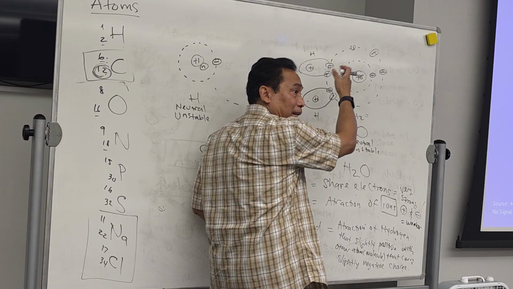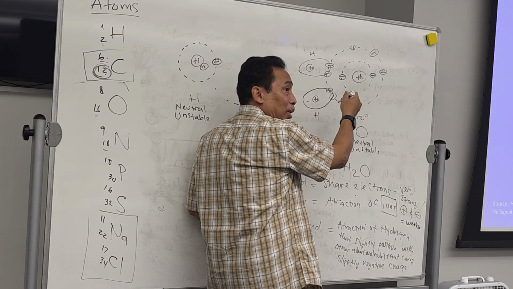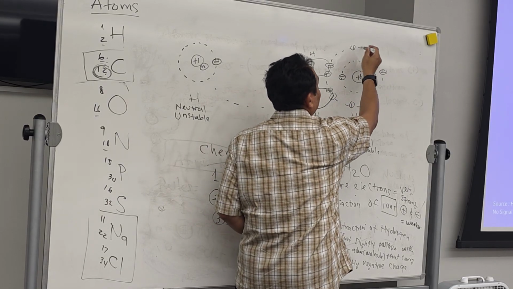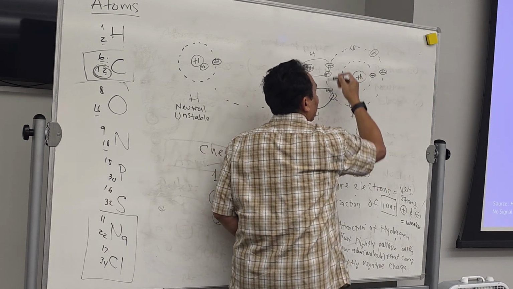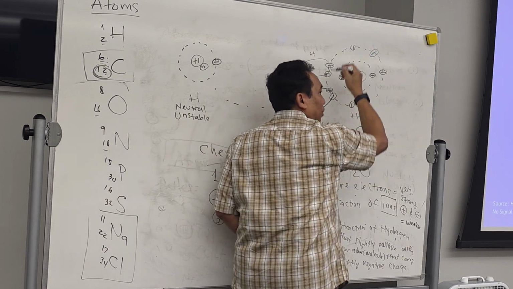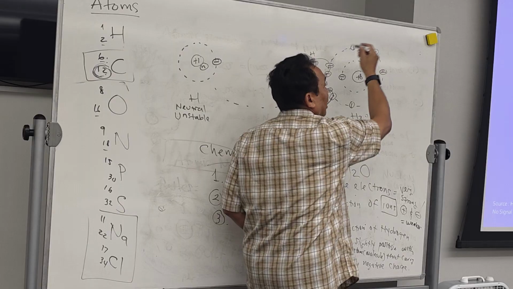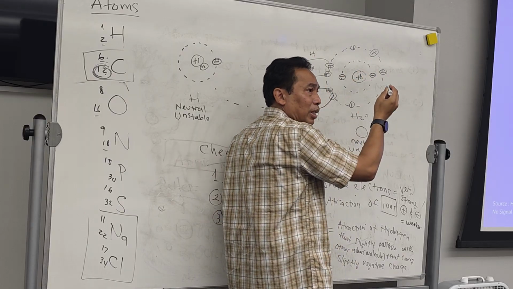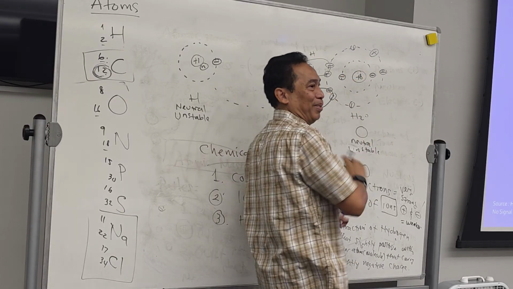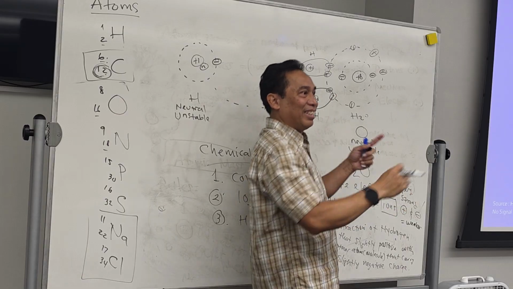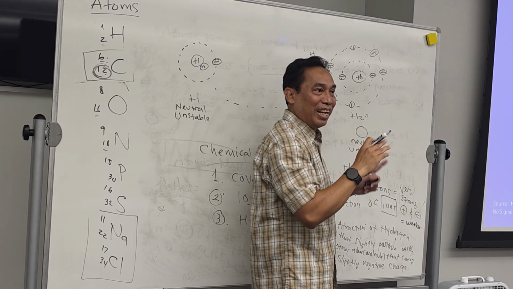There are 8 atoms that are sharing. Most of the time, the husband uses it more. So maybe 9 or 10 times the electron will be going around the oxygen nucleus, but maybe 1 time around the hydrogen's nucleus. Are you with me?